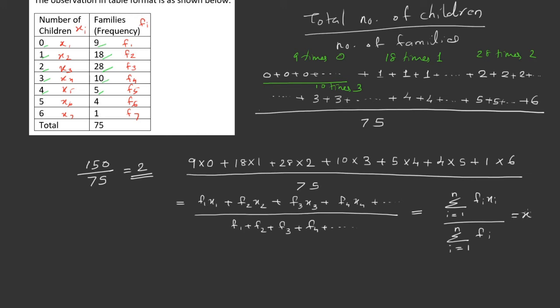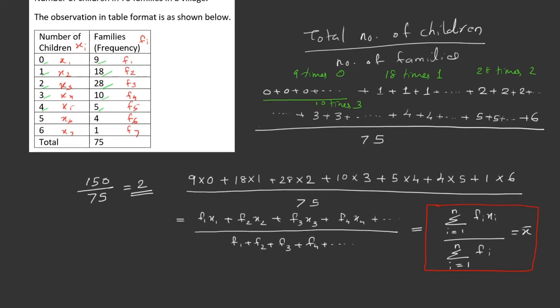Therefore, mean can be written as x bar is equal to sum of i equal to 1 to n fi xi divided by sum of i equal to 1 to n fi. So we got an equation for mean.